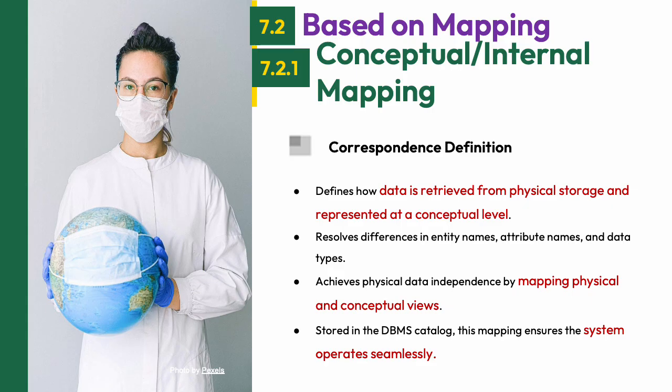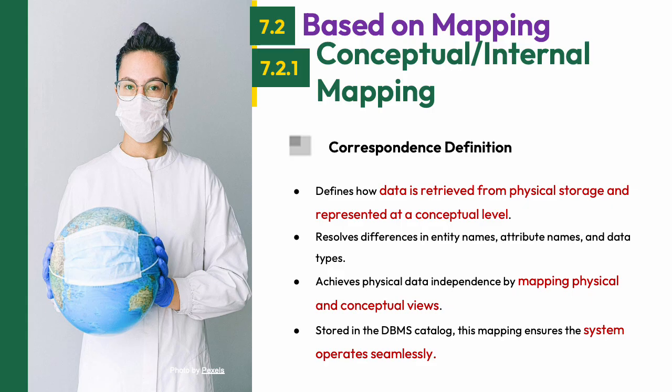Imagine a database for a library where the data is stored in binary files on the disk. That is the physical storage. At the conceptual level, the data is represented as tables with rows and columns, like a books table with columns for book ID, title, author, and genre.